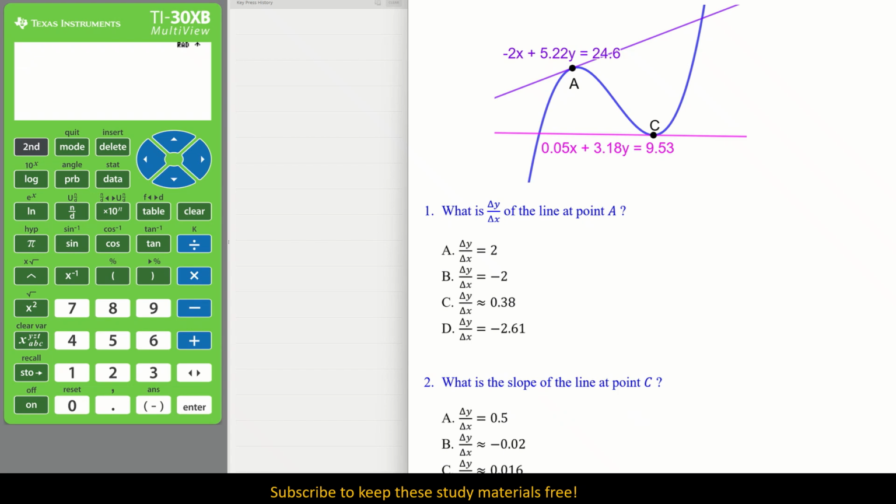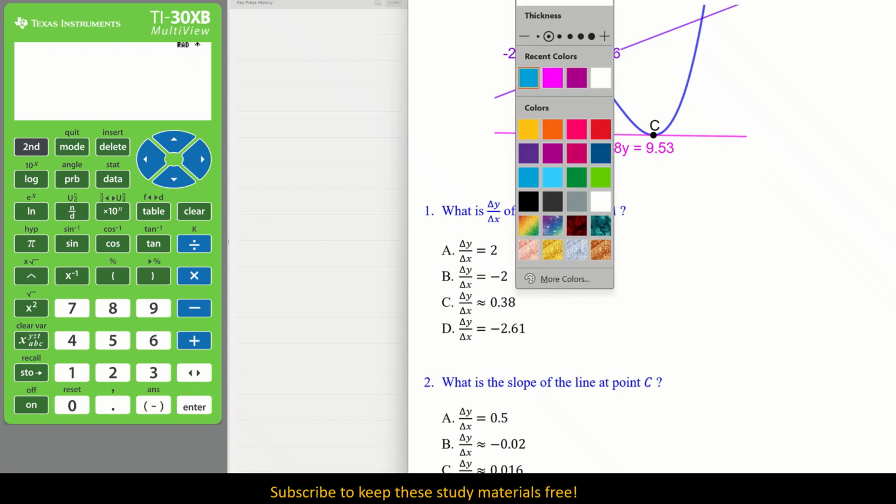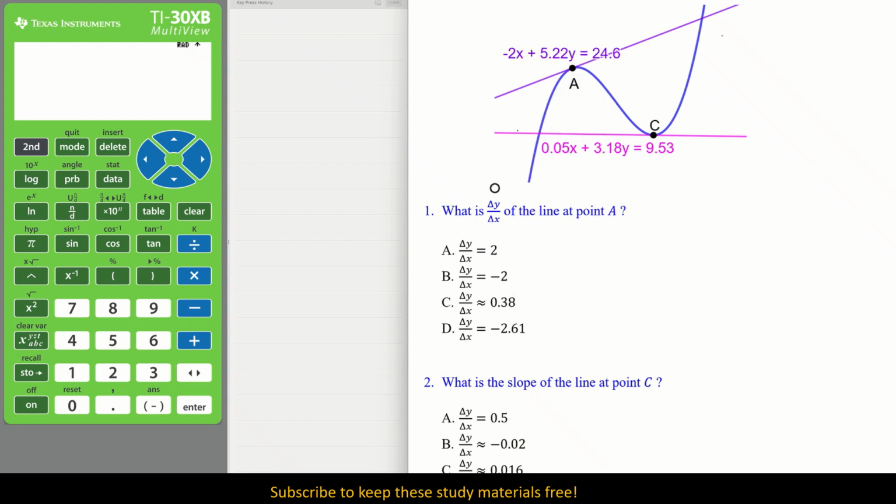So A is the purple. Okay, so what I'm going to do is let's take this pen and actually change it to purple. Okay, and then I'll come up here. All right, so we have 5.22y equals 24.6.